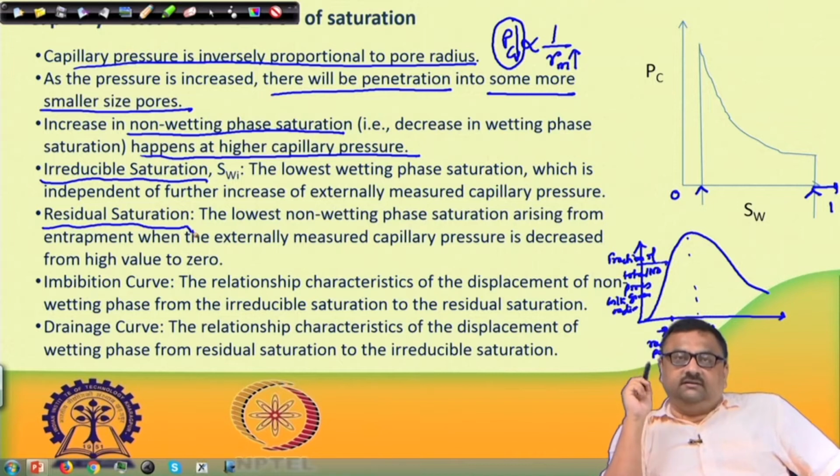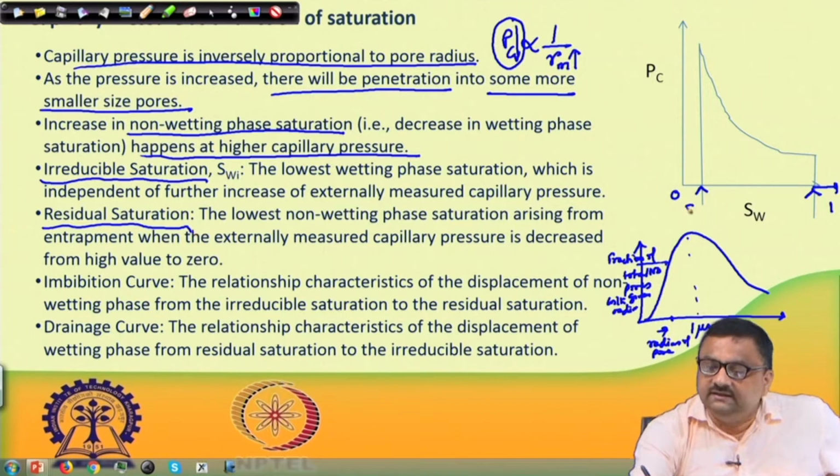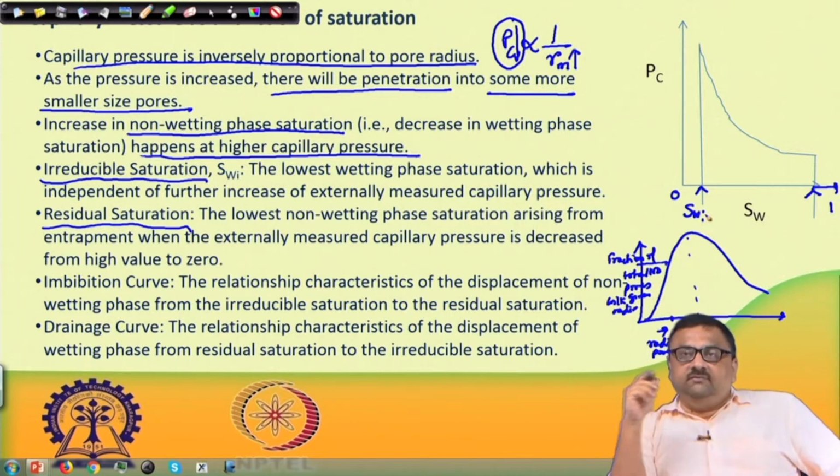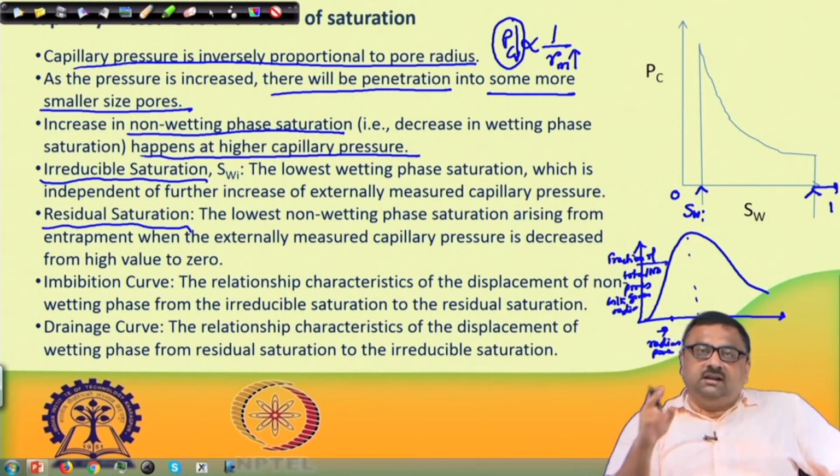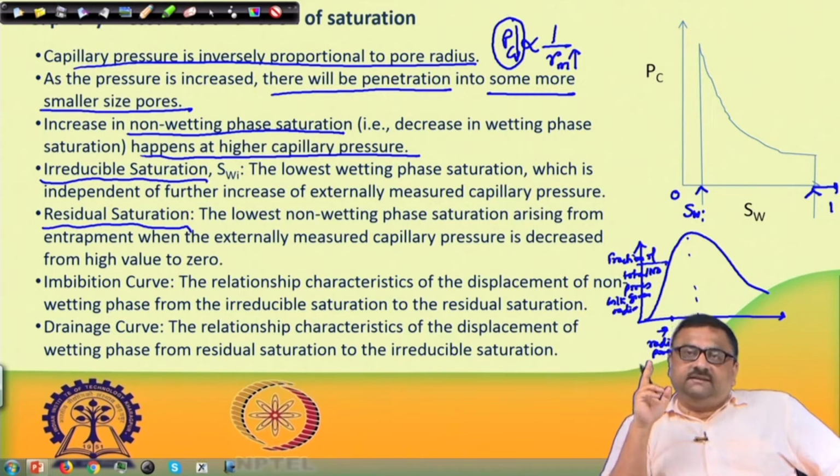Irreducible saturation, which is referred to as SWI, is given here. What irreducible saturation means is the lowest wetting phase saturation, which is independent of further increase of externally measured capillary pressure.